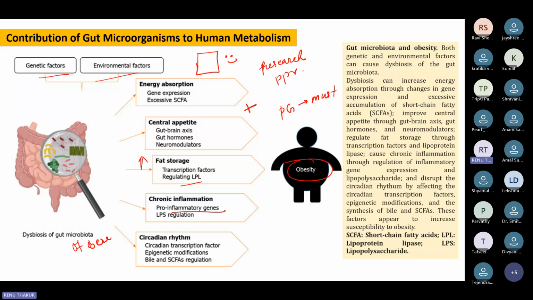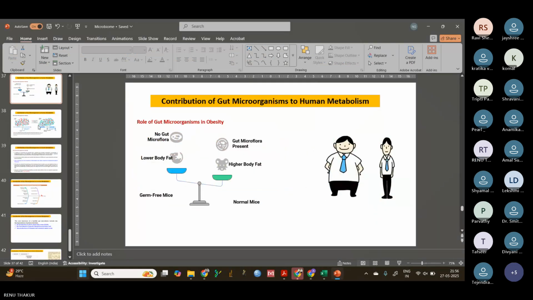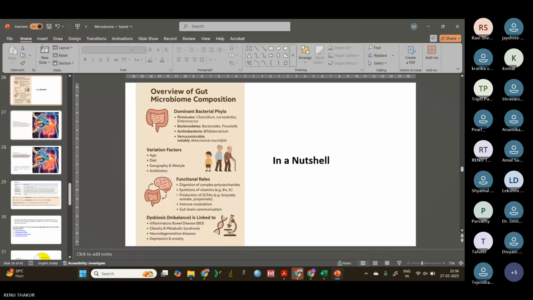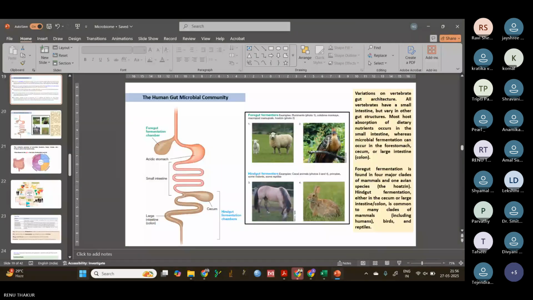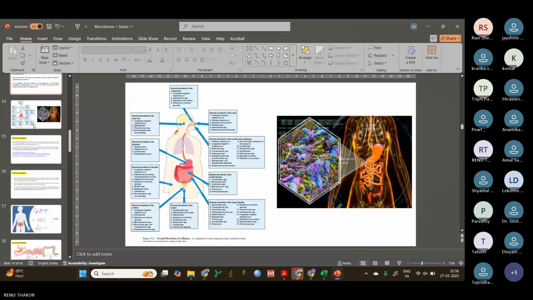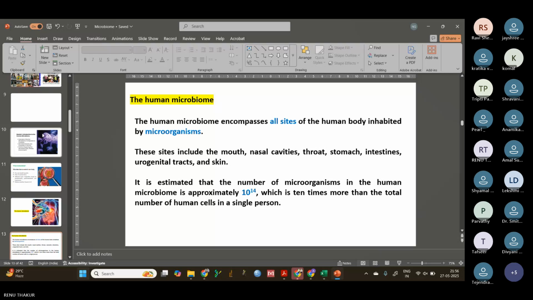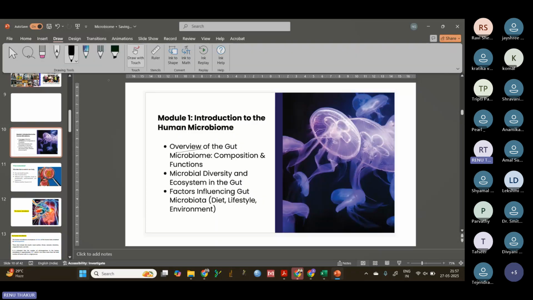So this is all for today. I hope this is enough for the day. Now let me open the syllabus. So we have studied this overview of gut microbiome composition and function.